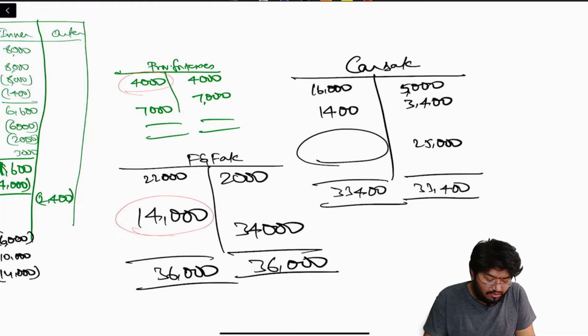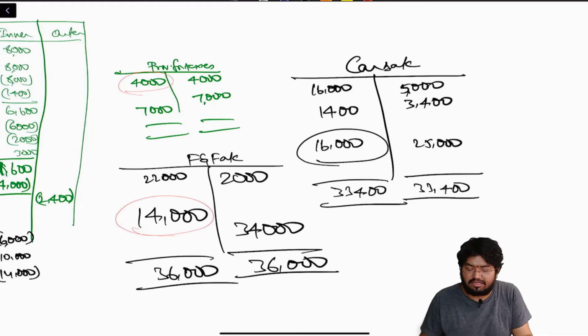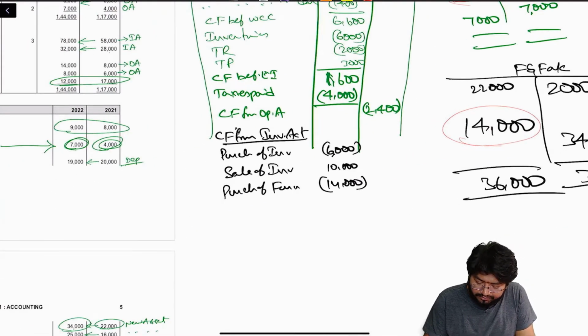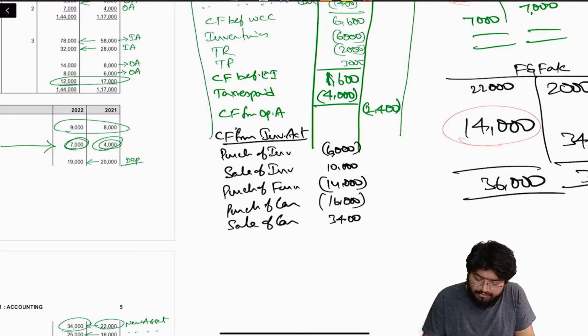So 16,000, this is basically your purchase of car. Okay. So now purchase of car is 16,000. Sale of car is 3,400 positive.